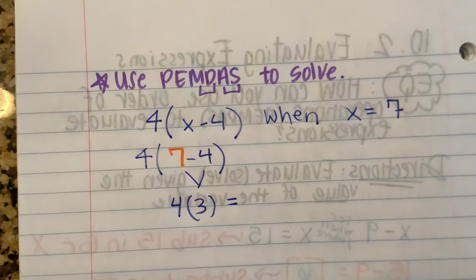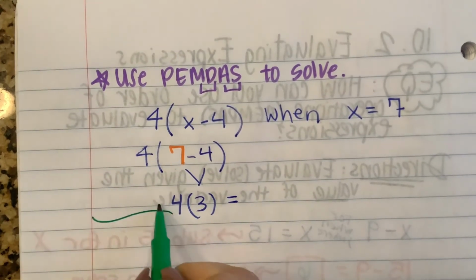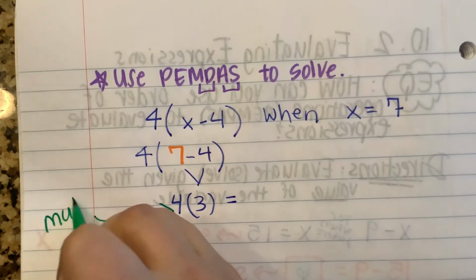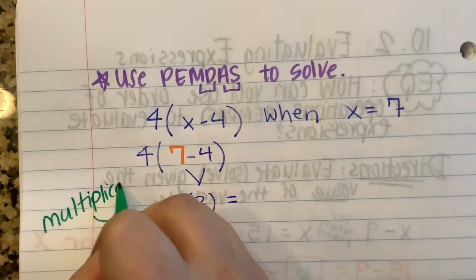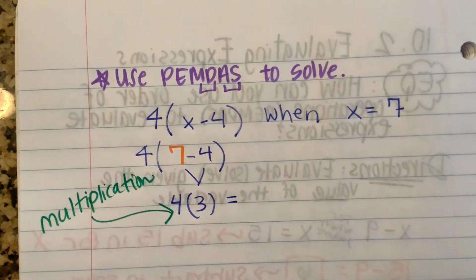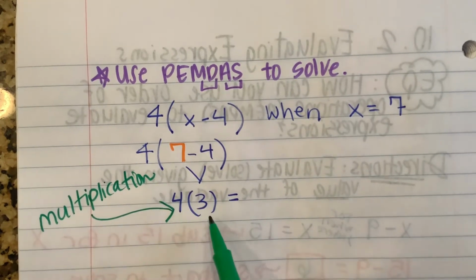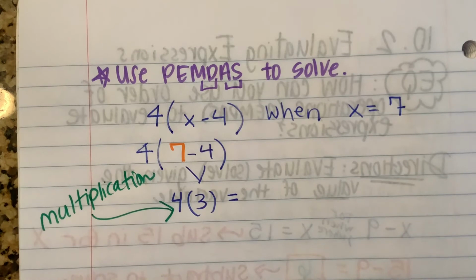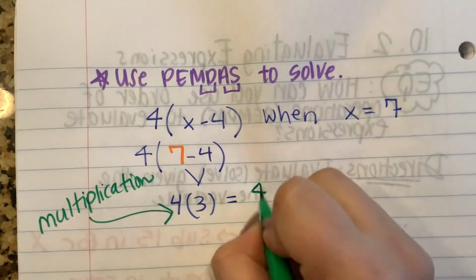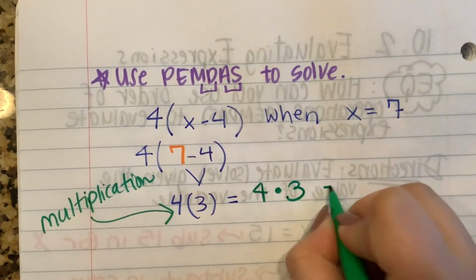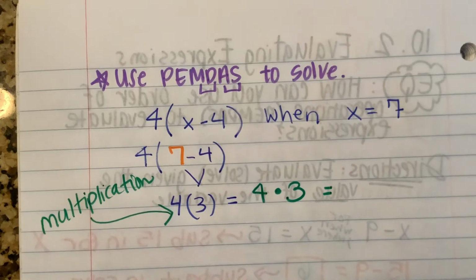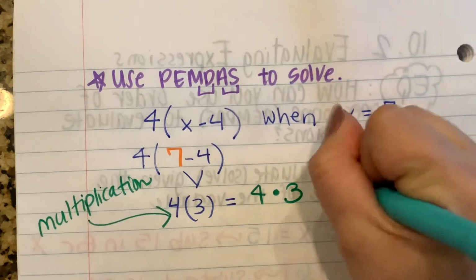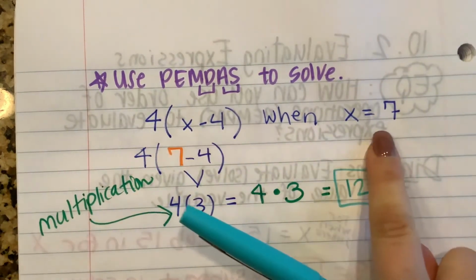Now, I see a number right up against parentheses, and we know that this means multiplication. So this is 4 times 3, which gives me the final answer of 12.